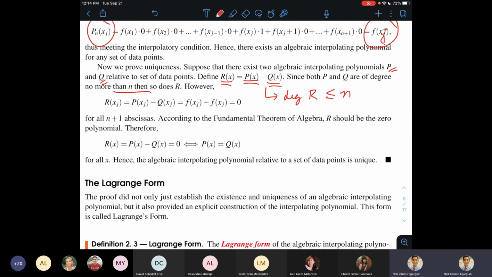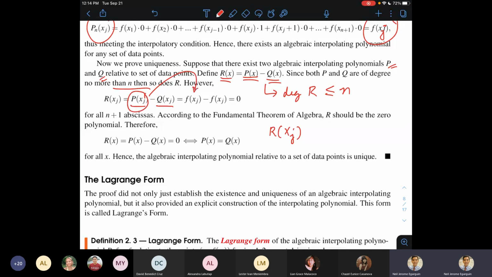But if I plug in x sub j, all right, to R, this is basically p of xj minus q of xj. Pero parehas silang interpolatory polynomial. So ang p of xj ay equal kay f of xj. Yung q of xj ay equal kay f of xj.